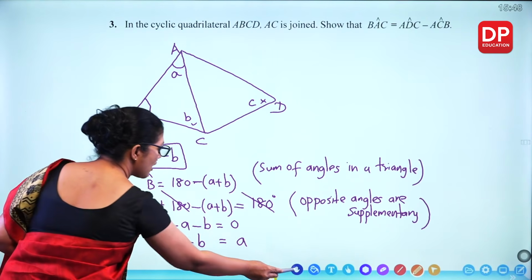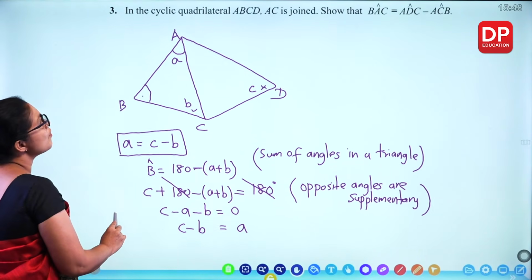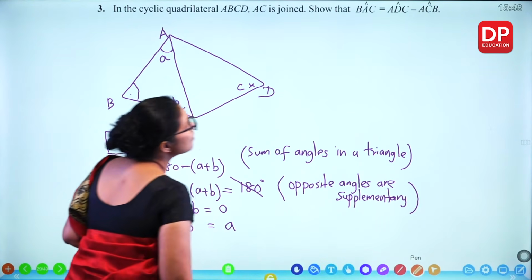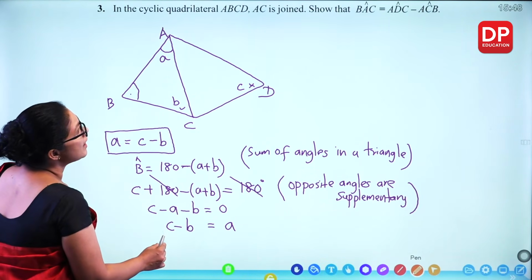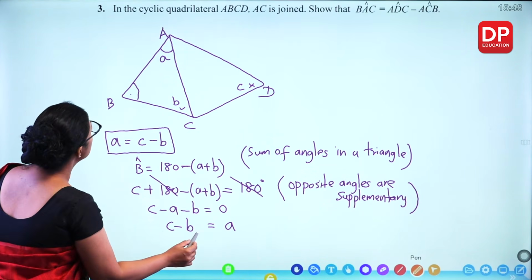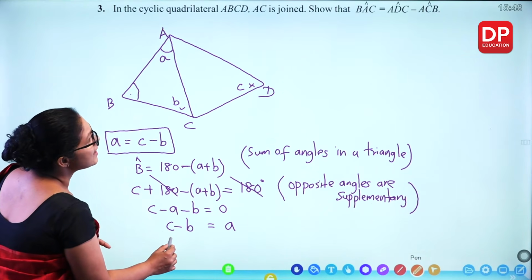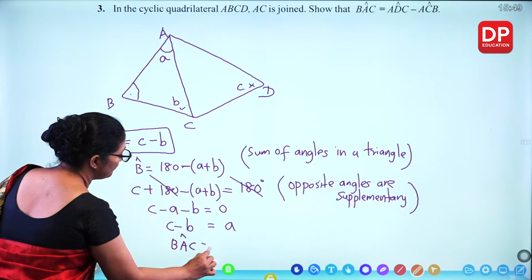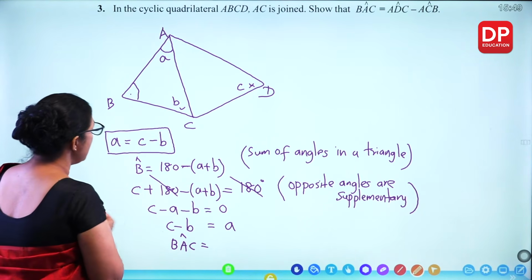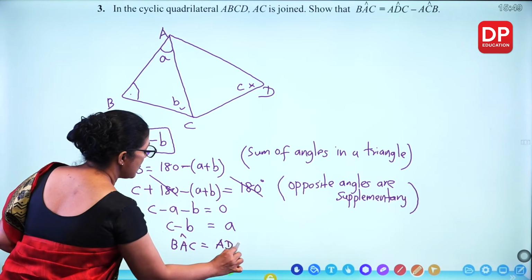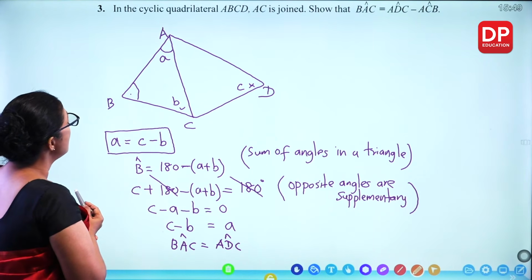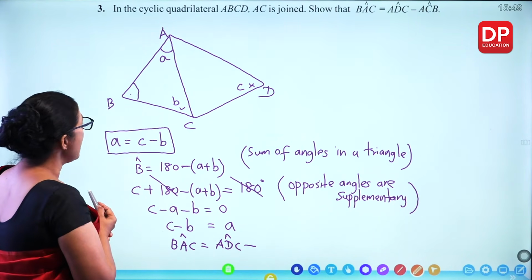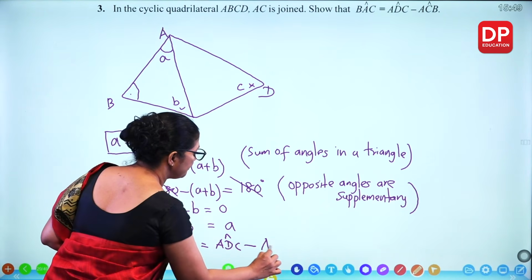Now we'll write down proper angles. A means BAC angle is equal to ADC, which is the C angle, minus ACB angle.